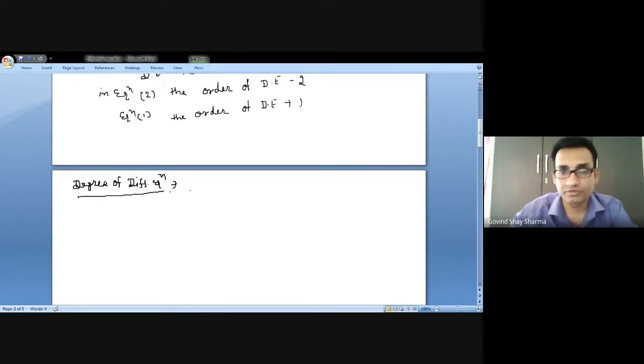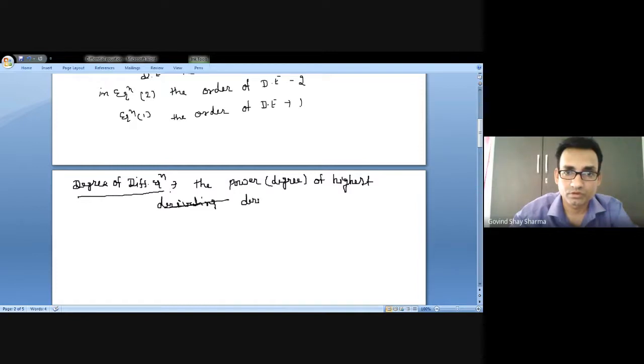Degree can be defined as the power or degree of the highest derivative in differential equation, without radical sign, radical or fraction.